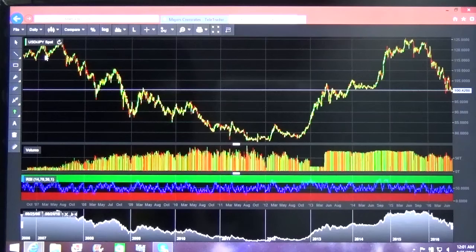So if a year is of 365 days, then there is a convention in the foreign exchange market that out of these days, the market trades only 182 days. So if the market trades only 182 days, this effectively means that this chart has 182 into 10, which is roughly 1800 days, which we are talking about, right?